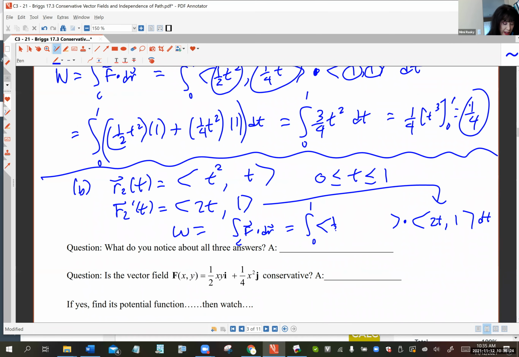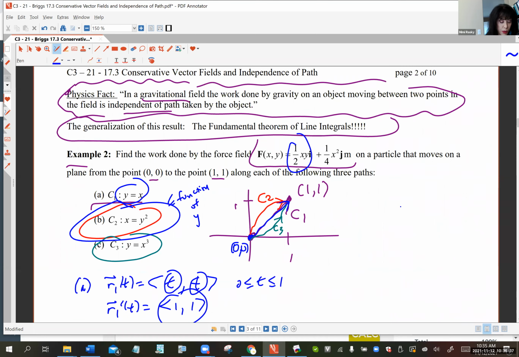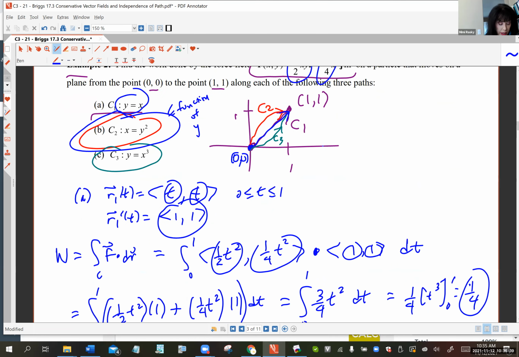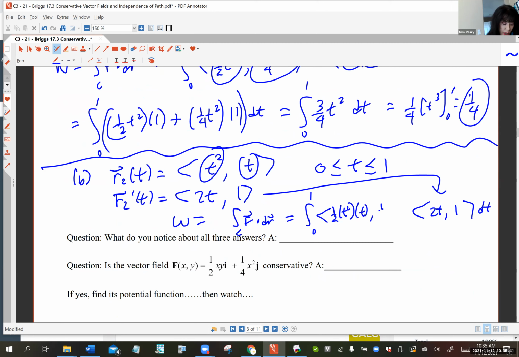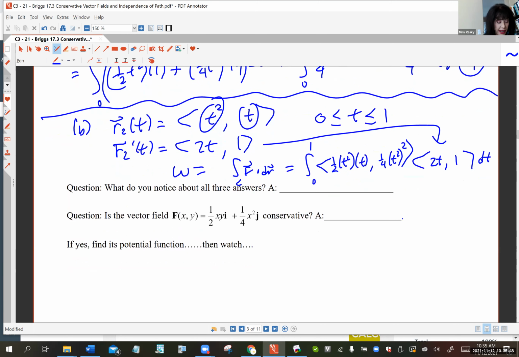That'll look like 1/2 times the x component, which is t squared, times y, but that's t. And we'll clean that up in a minute. And then the other component of this vector field was 1/4 x squared. So that looks like 1/4 t squared, squared. So be careful because we've got a lot of exponent laws here.